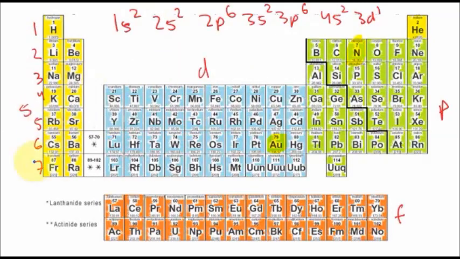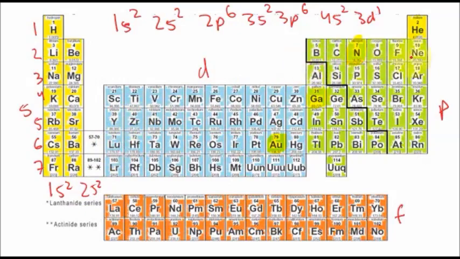Okay, now let's do gallium. Let me just write it down here. I don't want to have to switch between slides. Gallium is right here on the periodic table, so let's start moving. Here we start with 1s2, then we move down to 2s2 for the third and fourth electrons.